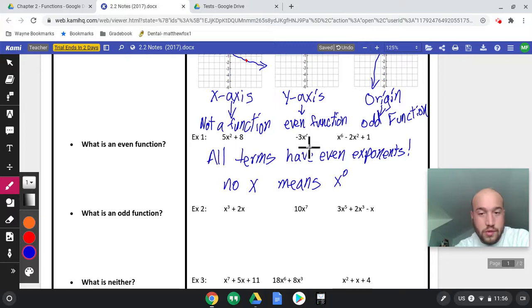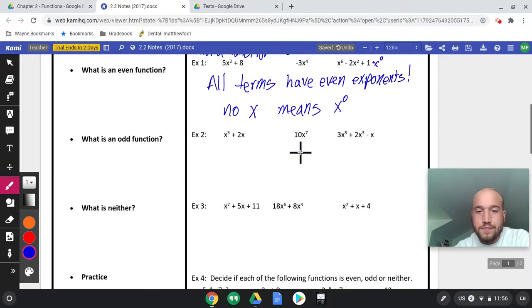That's the only term, so we're good. This last one, x to the 6th, 6 is even. X to the 2nd, 2 is even. 1 has nothing, but remember we could pencil in here 1 times x to the 0, so we're good because 6, 2, and 0, they're all even. So these are even functions. That means if we would graph these, all 3 of these would end up being symmetric over the y-axis.